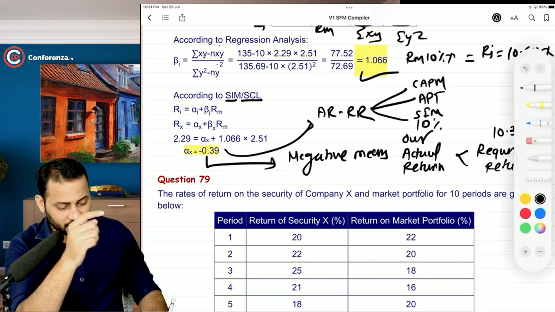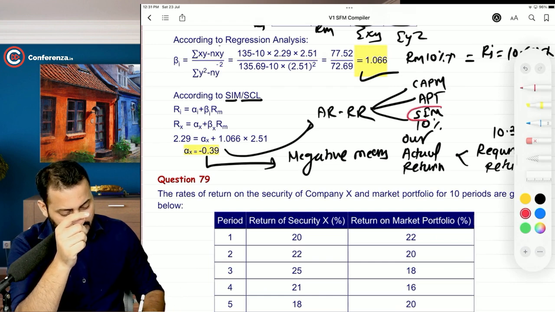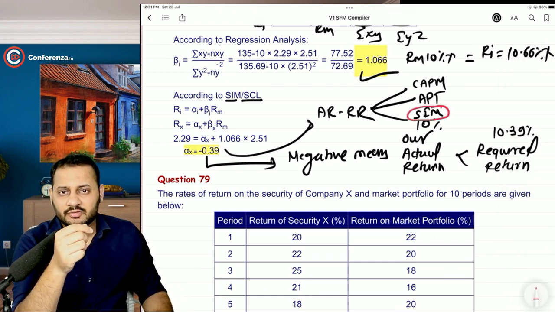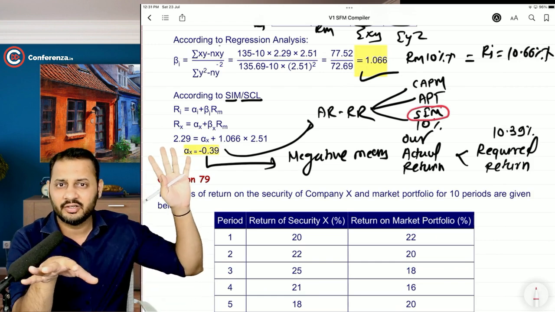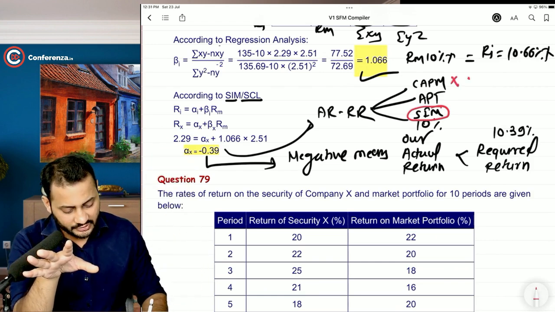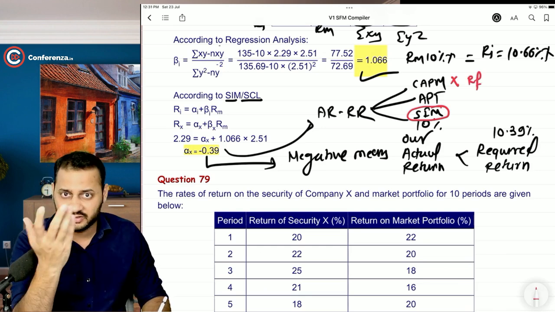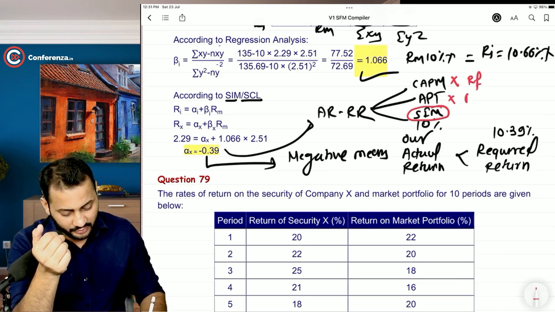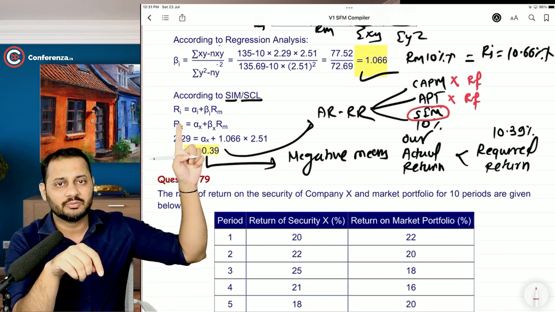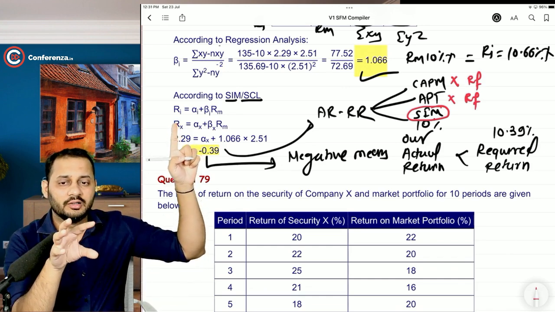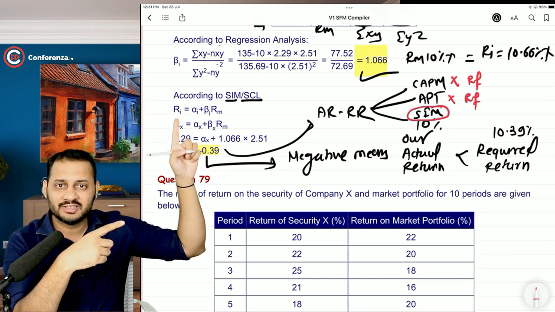And we have used the third one because of the data given in the question. For CAPM, you need the risk-free rate of return. Do you have the risk-free rate of return in this question? You cannot use CAPM because the risk-free rate of return is not given in the question. And that's why we have used the single index model. So there is no vague answer for using this model.